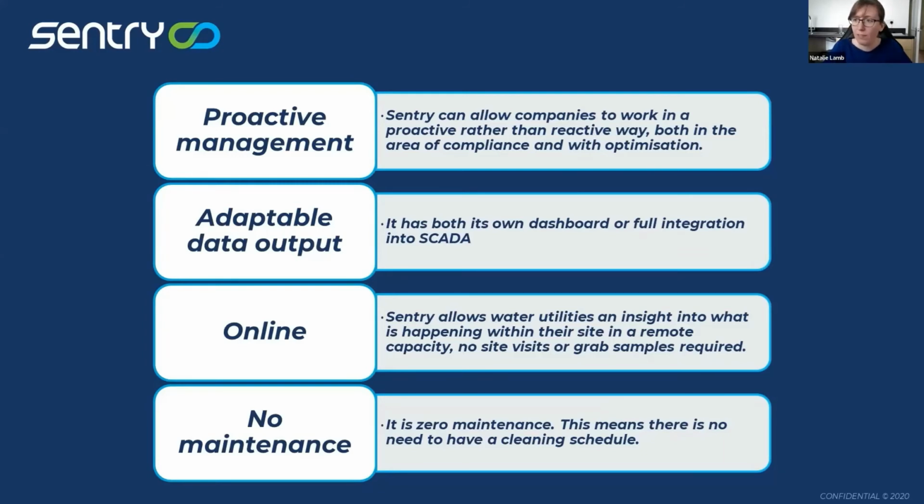In future with that data output, ideally I'd really like some form of automation. We're not quite there yet, but at the moment how it works is, for instance, with the energy optimization piece, an operator will get an email or a text telling them that the microbial load is low, so that they can then turn the blowers off. But in future, I'd really like that to be an automatic process.